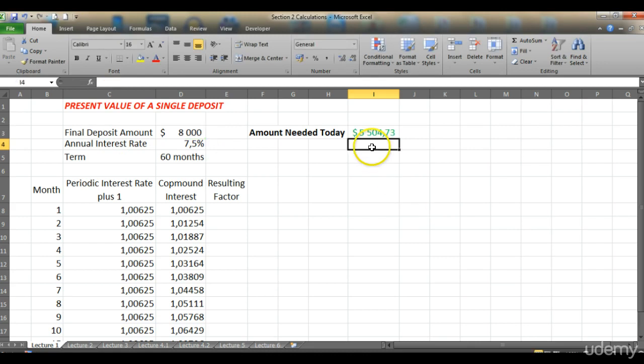And we receive that we have to deposit $5,504.73 US today if, in these conditions, 7.5% annual interest rate compounded monthly in 60 months, you want to have an $8,000 amount. This formula presents a scenario based on a well understood assumption.